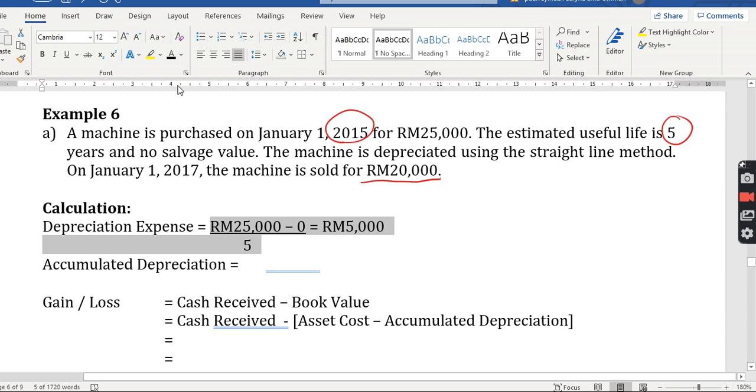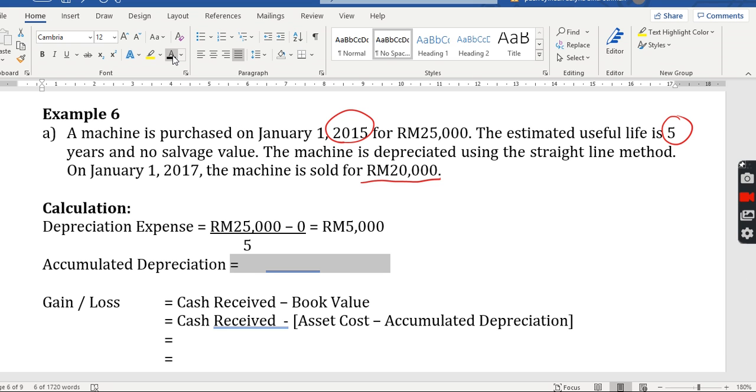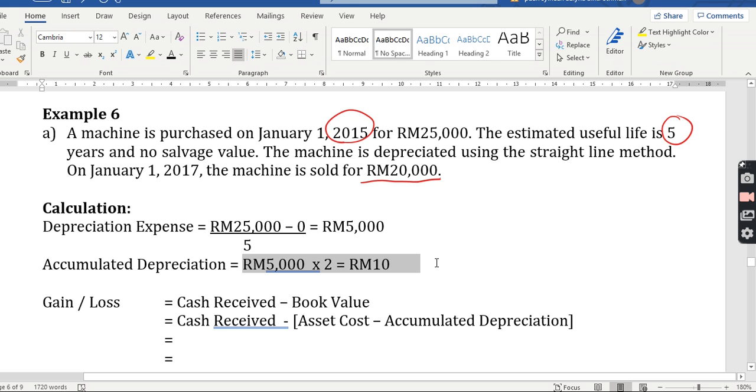We are using the same method as earlier, the straight line method: 25,000 minus 0 salvage value, divided by 5, gives 5,000 depreciation expense for 1 year. The accumulated depreciation is only for 2 years because we only have depreciation expense for 2015 and 2016, so the accumulated depreciation is 10,000 ringgit.